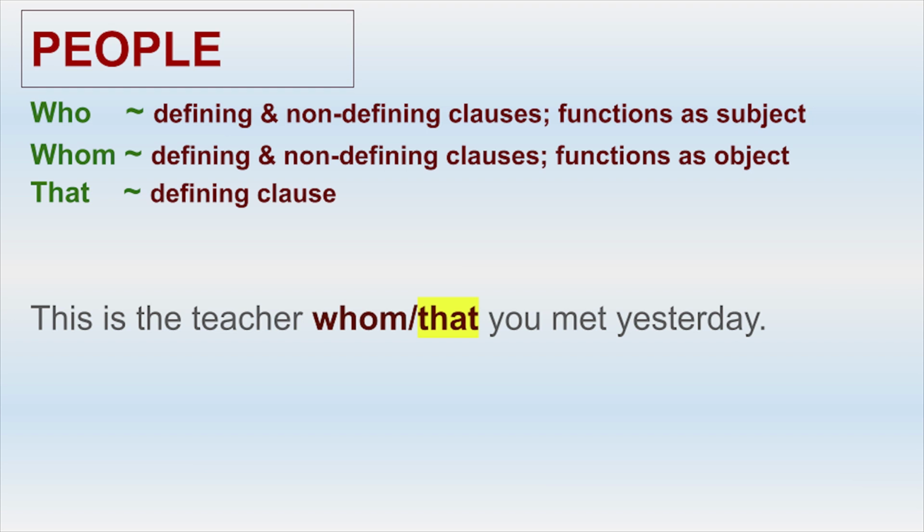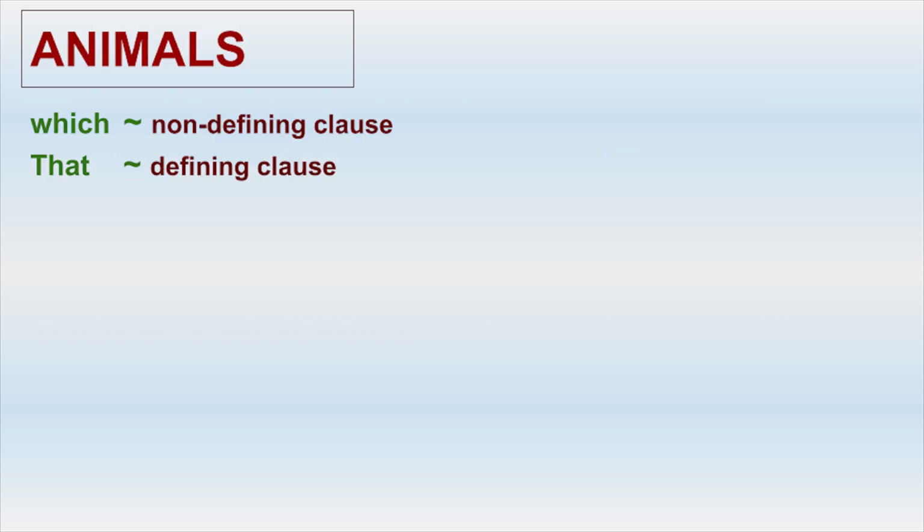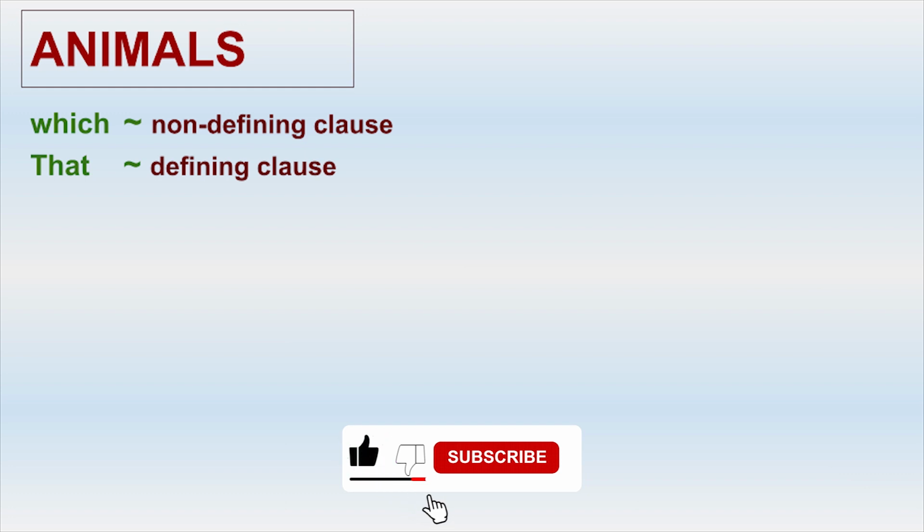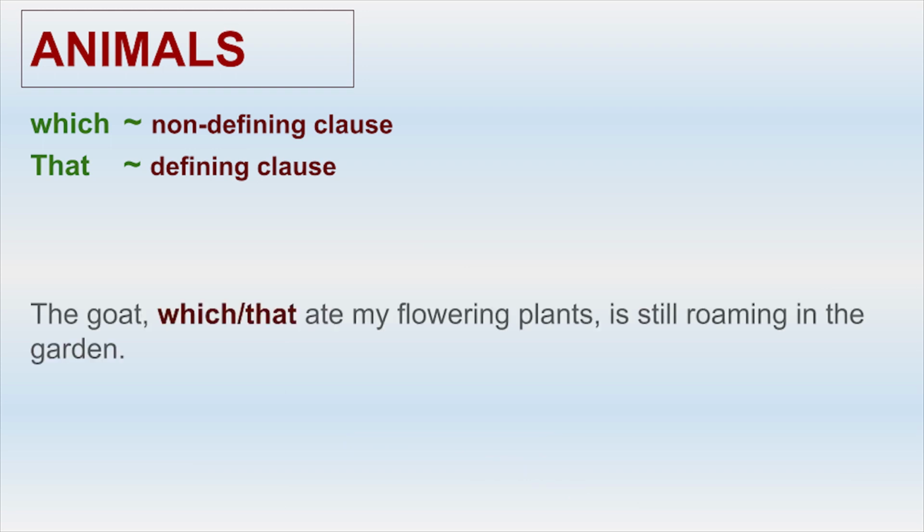Now let's see when we may use which and that for animals. Which is used only in non-defining clauses and that in defining clauses. Our first sentence is, the goat which or that ate my flowering plants is still roaming in the garden.